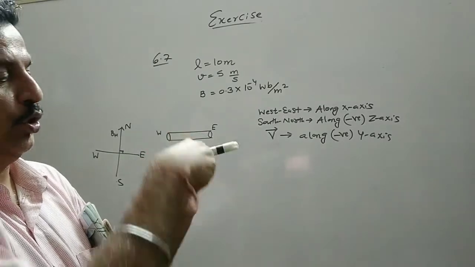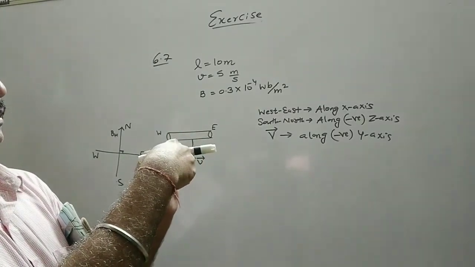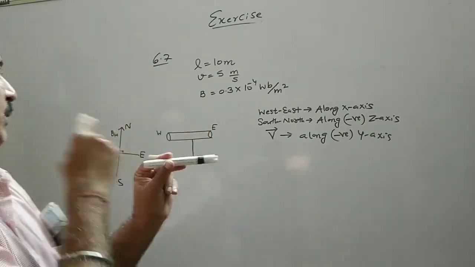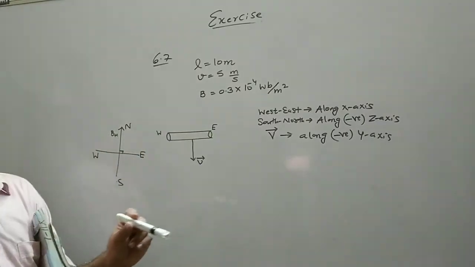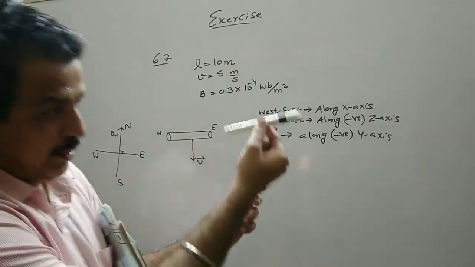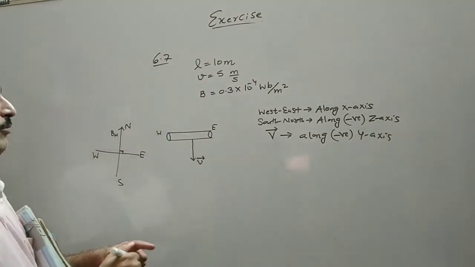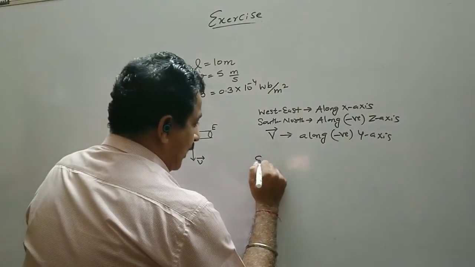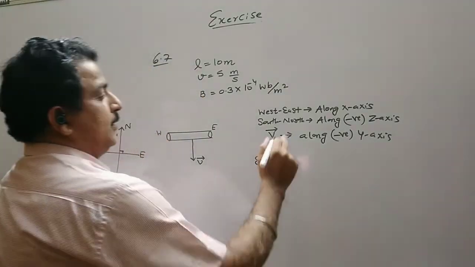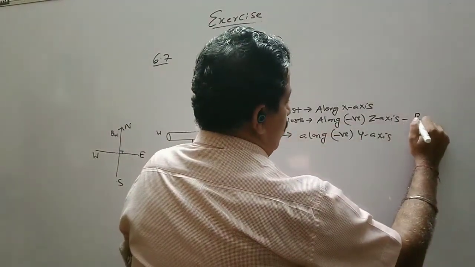We take a cross. So from south to north, that will be our horizontal component. The wire is falling vertically downward. We have to find the EMF induced. All three are perpendicular, you can see this is the direction of BH.